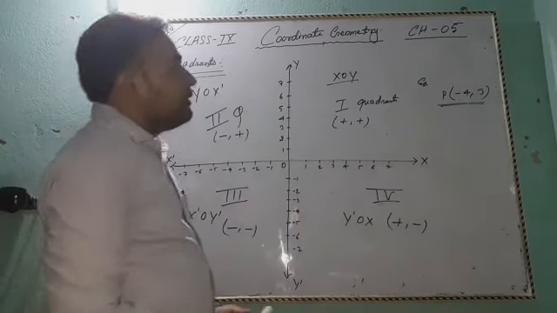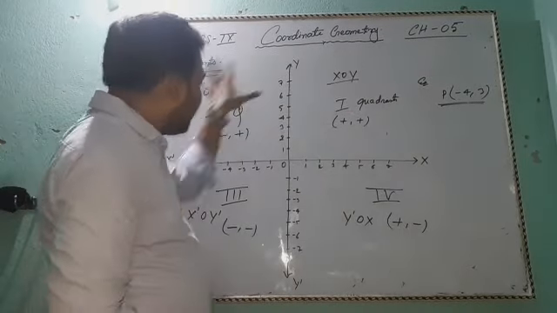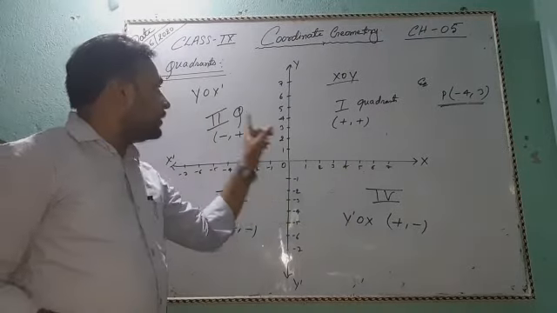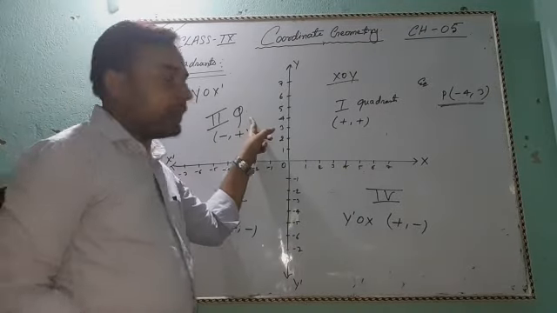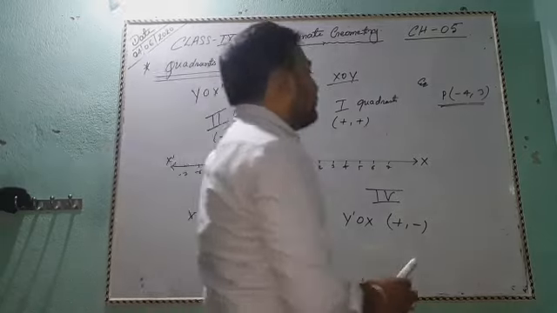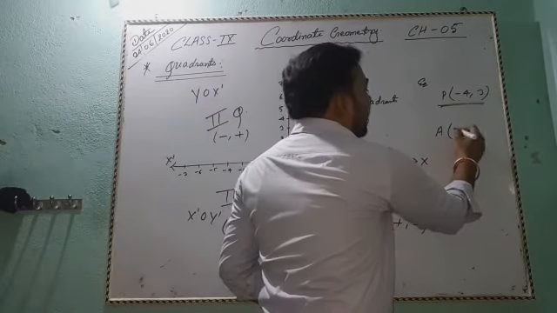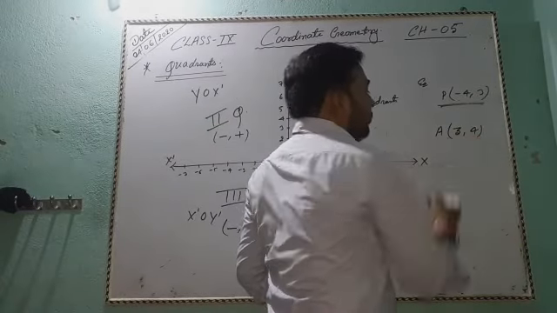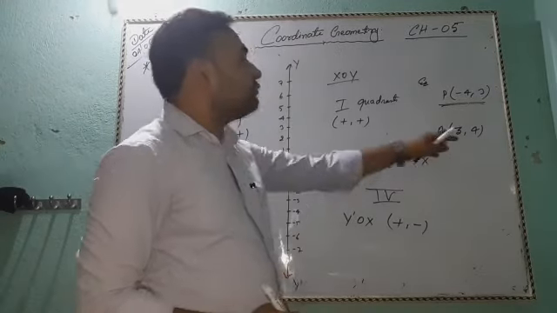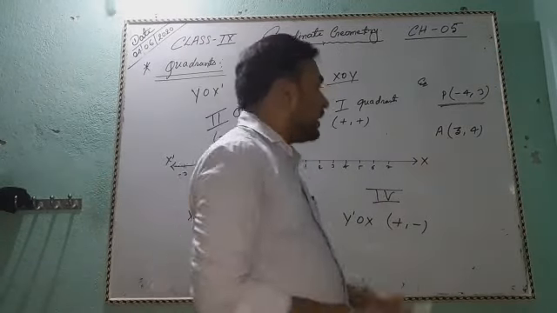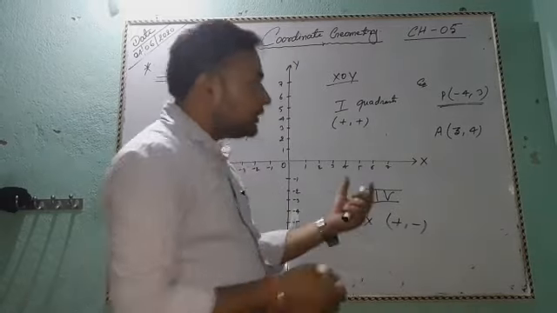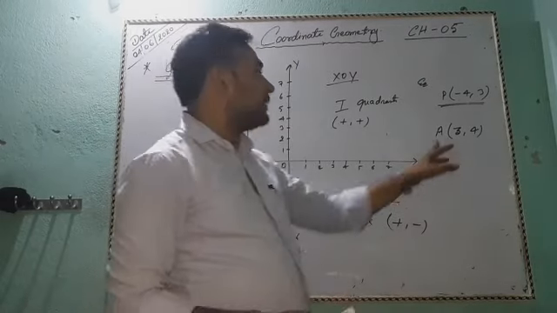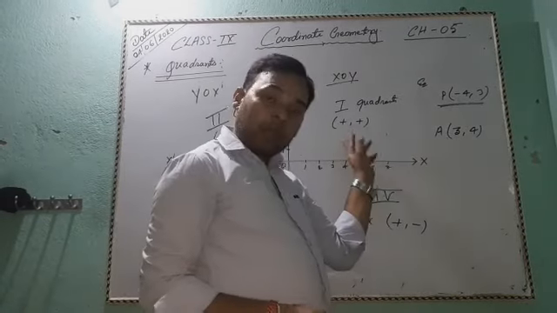So we say that the point is present in the Cartesian plane in the second quadrant. Next, a point A is (3, 4). Both coordinates of the point A are positive. The abscissa is positive and the ordinate is also positive. So we say that the point A is present in the first quadrant.